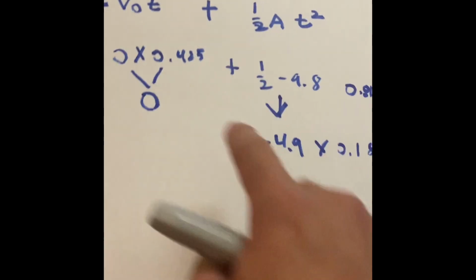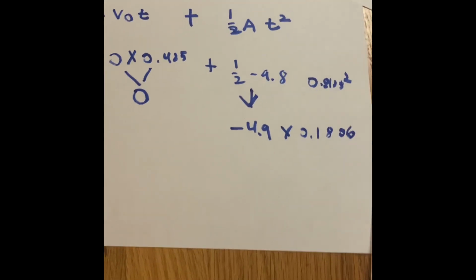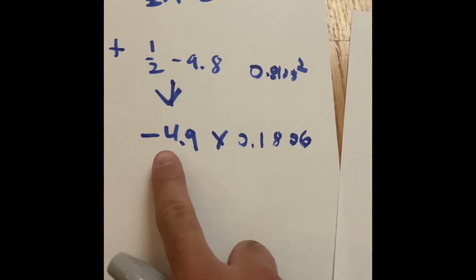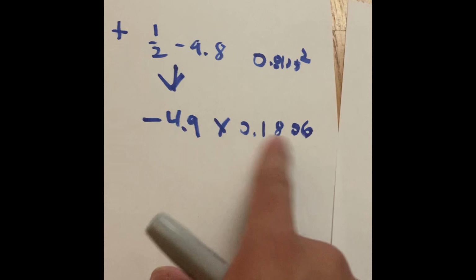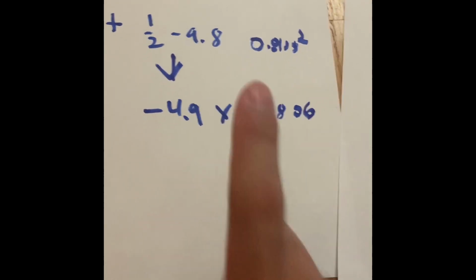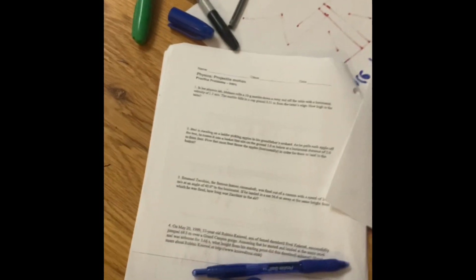Since we have a 0, we add that to this, which will not really change anything. But not only that, negative 4.9 times 0.1806. When you multiply these two numbers, you will get your final answer to this problem.